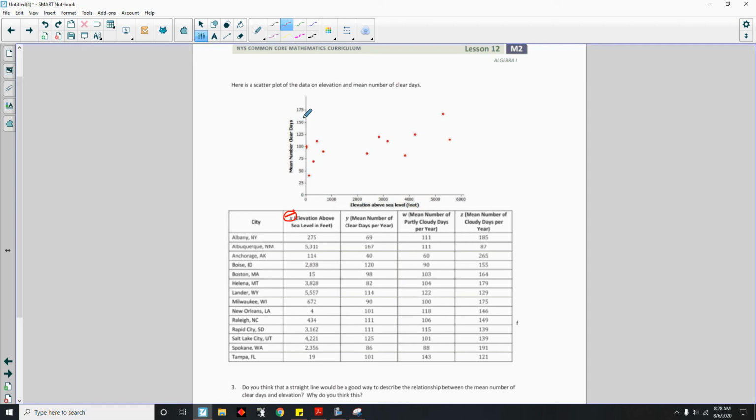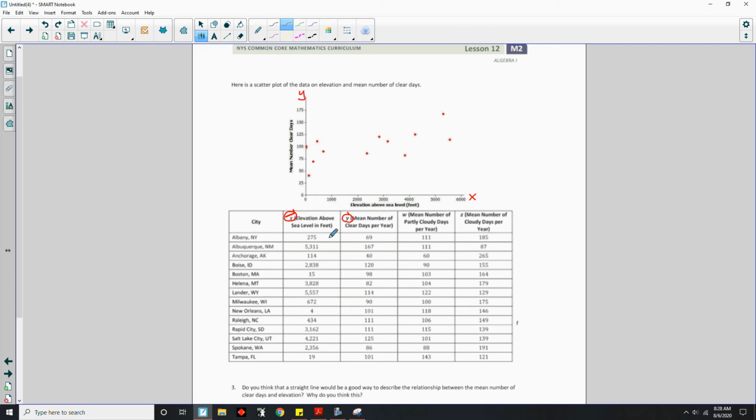This could be the x-axis, and this is the y-axis. If we were talking about partly cloudy days, this would be called the w-axis, but in this case it is the y. So we're using elevation above sea level in feet, and mean number of clear days, which is our y. So we're using these two columns here.